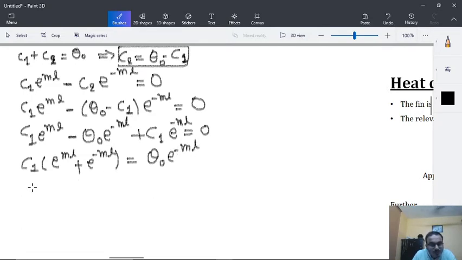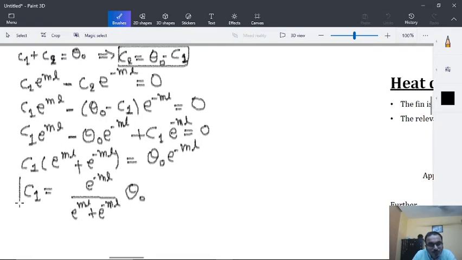So here the value of C1 that will be obtained is equal to e raised to minus ml divided by e raised to ml plus e raised to minus ml, and theta 0 as it is over here.